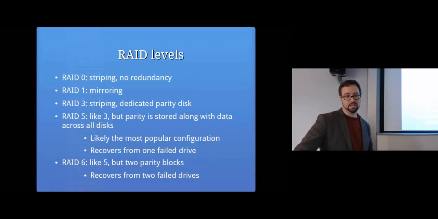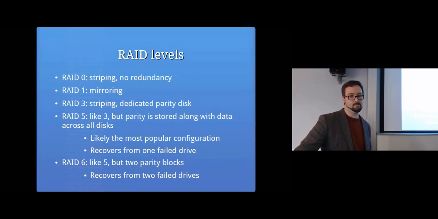So the RAID levels are just a way of saying which of those features you have. RAID 0 has striping, no redundancy. RAID 1 is mirroring. RAID 3, dedicated parity disk. RAID 5 is like 3, but parity is stored along with data across all the disks, which is really good.